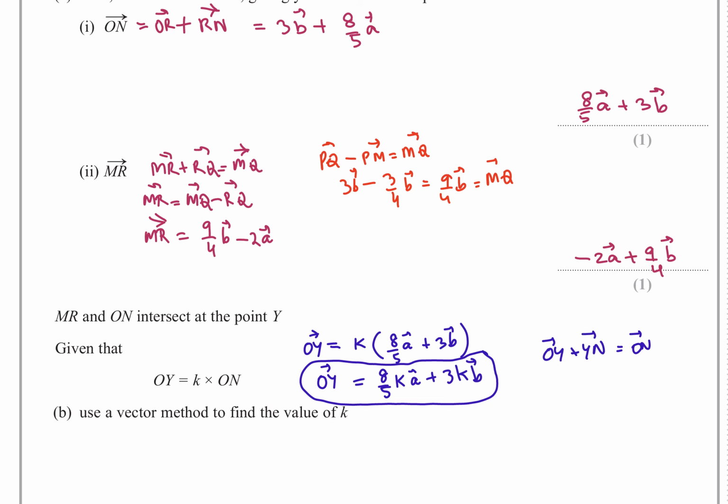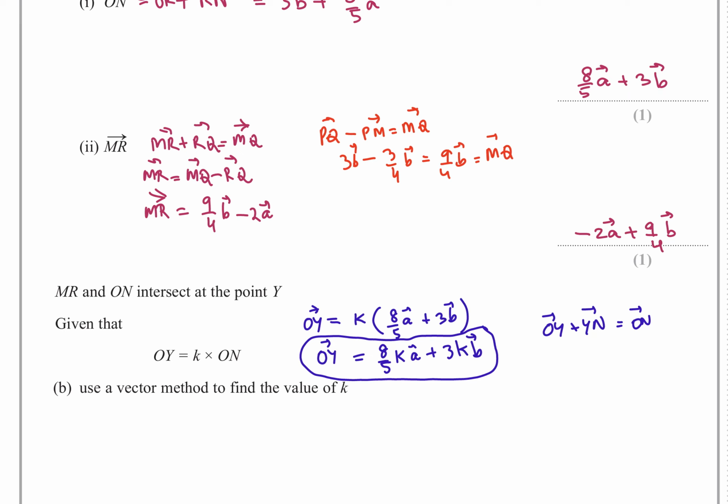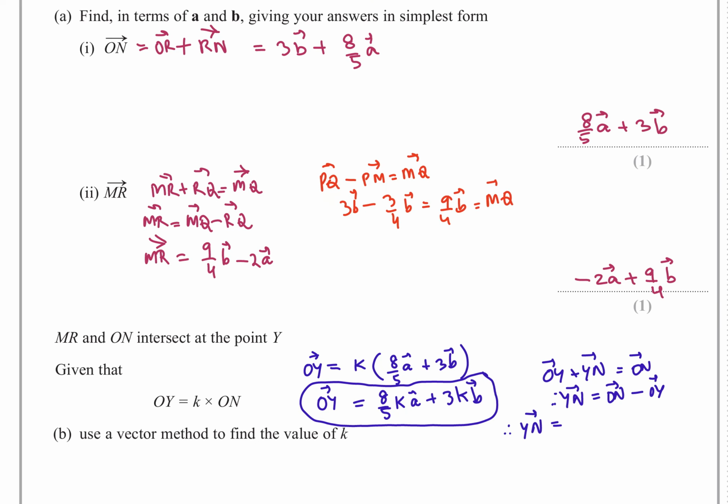Alright. So once we know that, we can work out, therefore, YN is equal to ON minus OY, and ON, I know what ON is. ON I just found out, 8 over 5a plus 3b, and then minus OY.